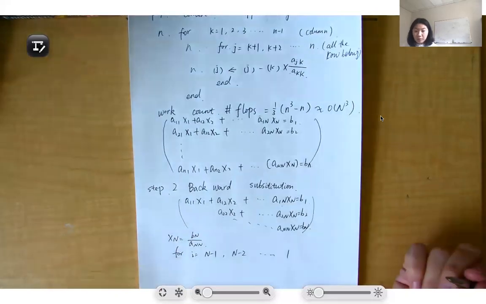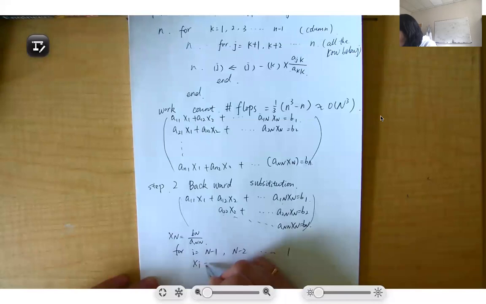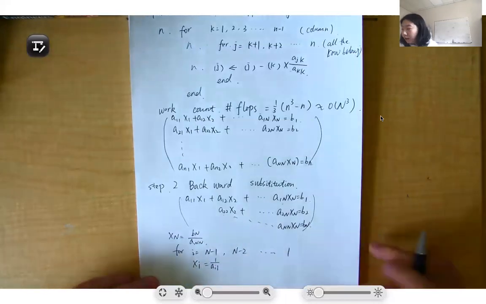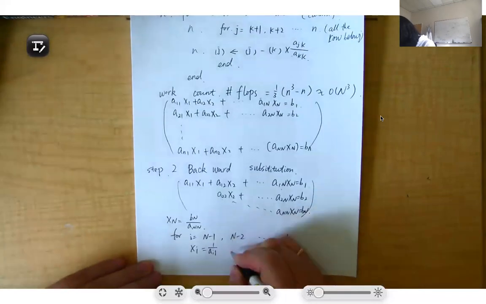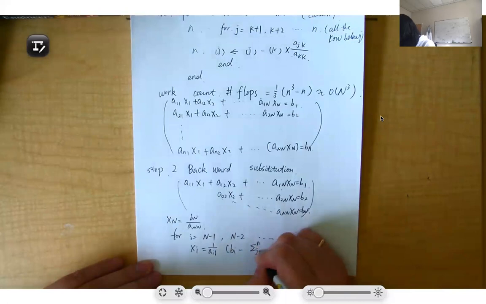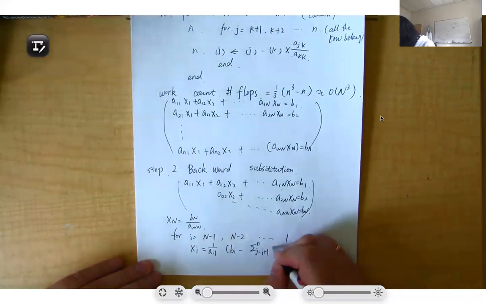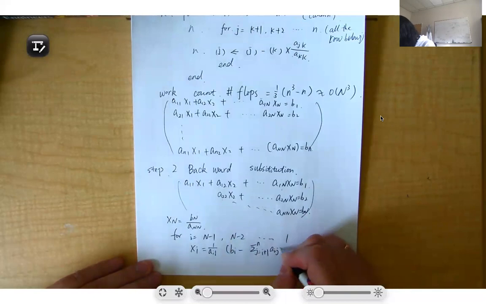For i equals n minus 1, n minus 2, until the first row, which is 1, xi will be equal to 1 over aii, the diagonal element, times bi minus the sum from column i plus 1 to column n of aij xj.